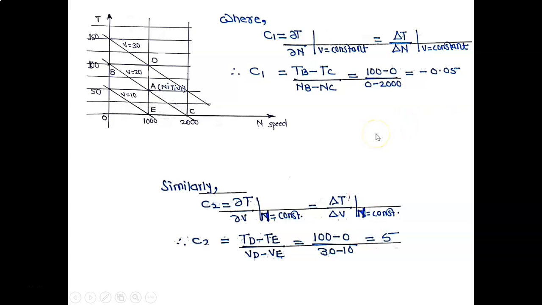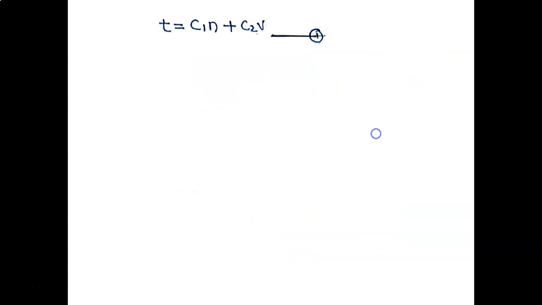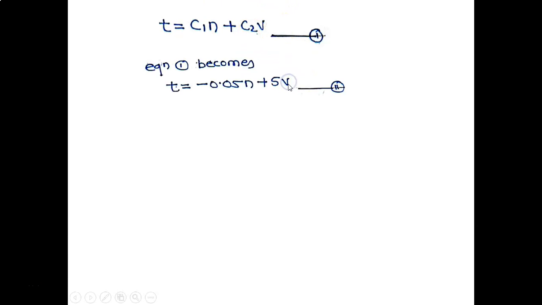Now substituting the values of C1 and C2 in equation 1. What is our equation 1? Small t is equal to C1n plus C2v. Therefore small t is equal to minus 0.05n plus 5v, equation 2.